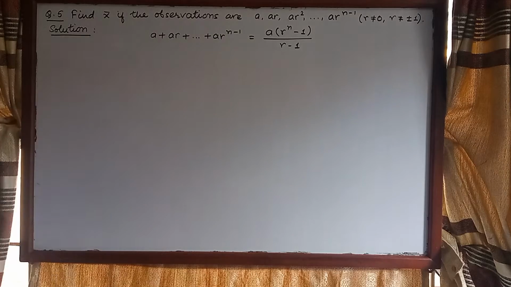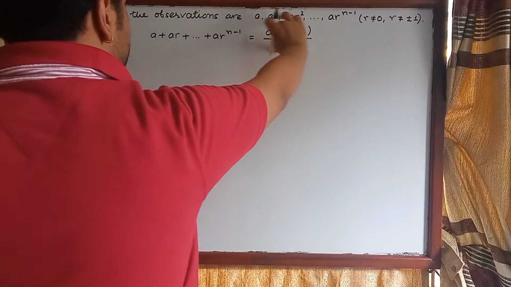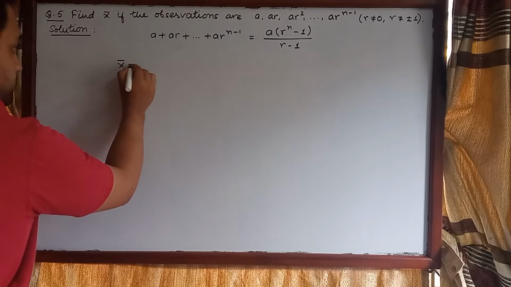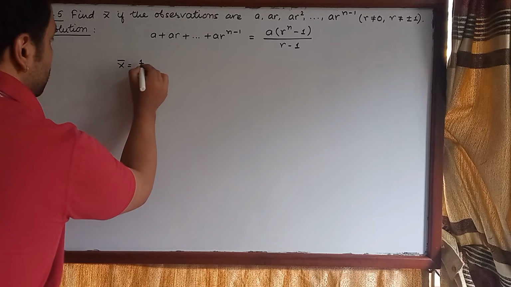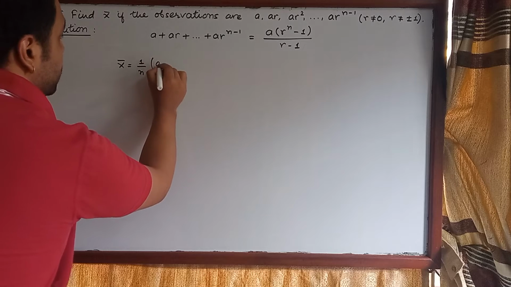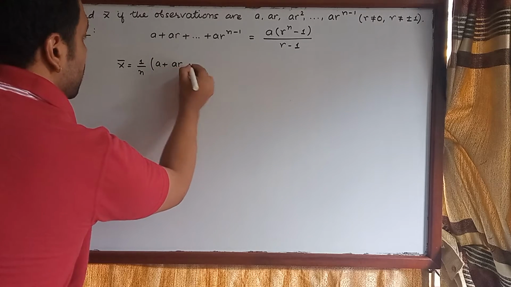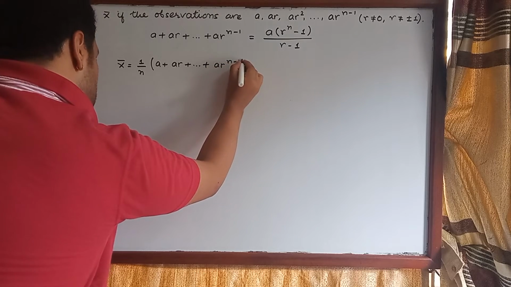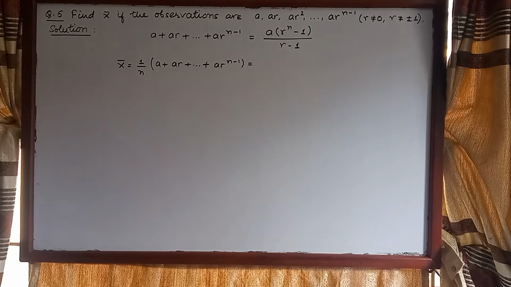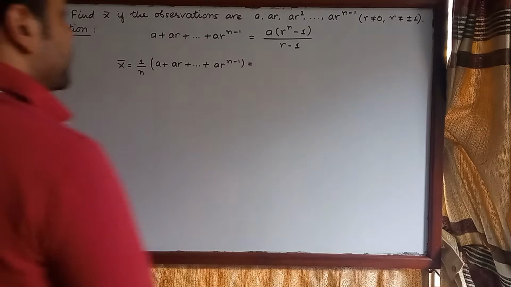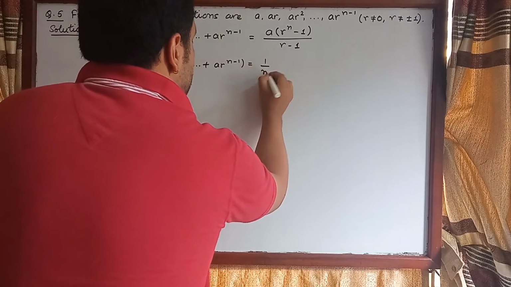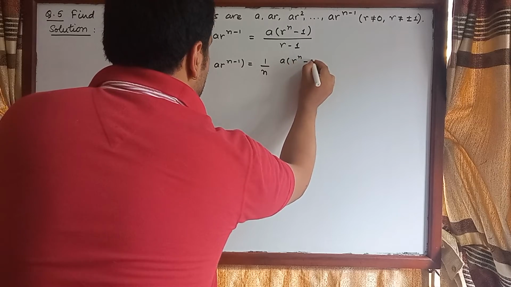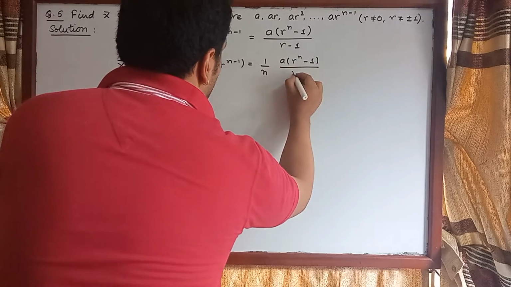So we just need to use this formula. So the mean will be 1 over n times (a plus ar plus up to ar^(n-1)), which is equal to 1 by n times a(r^n minus 1) over (r minus 1).